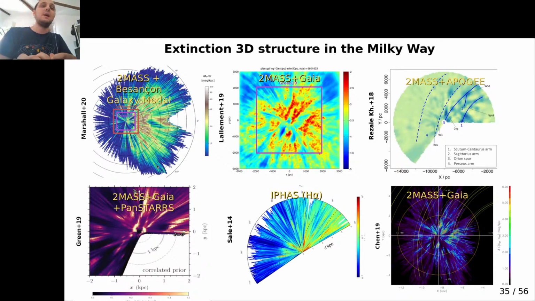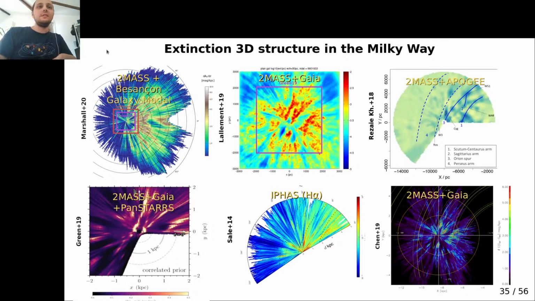You can see that the Marshall map can predict extinction up to 13 kiloparsec, while the maps that are combining infrared data with, for example, Gaia wavelengths in the observable wavelengths are limited to 3 kiloparsec maximum distance prediction. And here you have the map from Green, for example, that is limited to 2 kiloparsec because it is using a combination of 2MASS in the infrared, but with Gaia and Pan-STARRS.